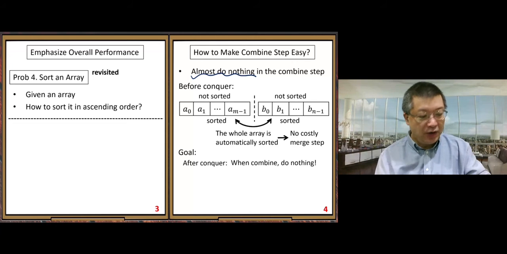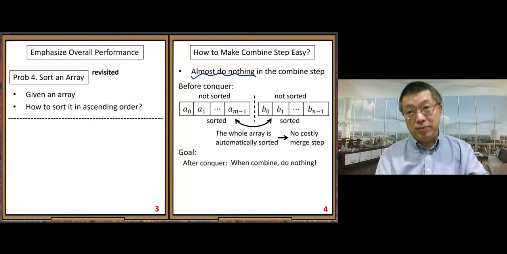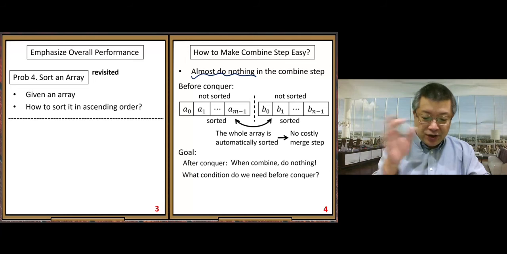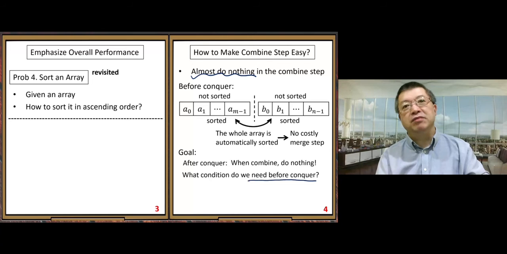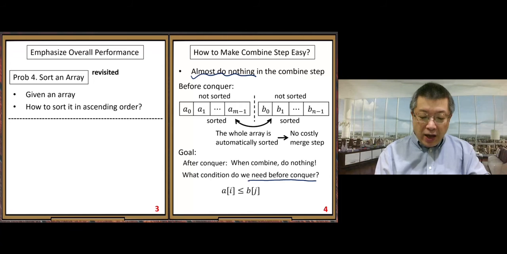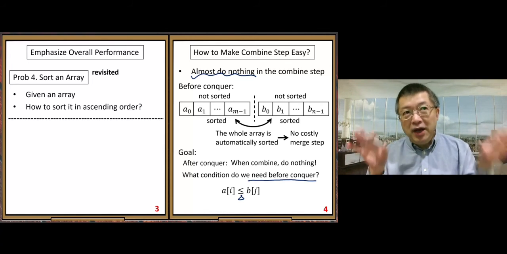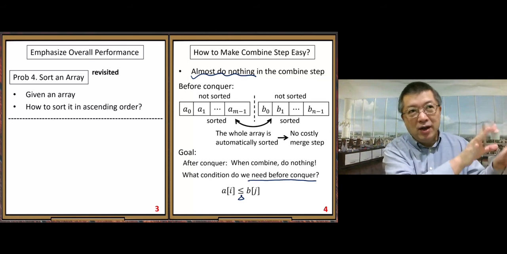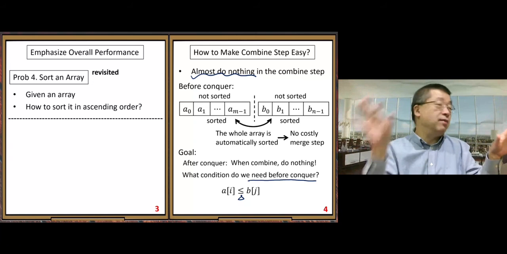So look at what condition is needed to have that property. We need some special condition here, right? The condition is, before the conquer, very simple: any element in the A subarray, the first subarray, must be less than or equal to any element in the B subarray.